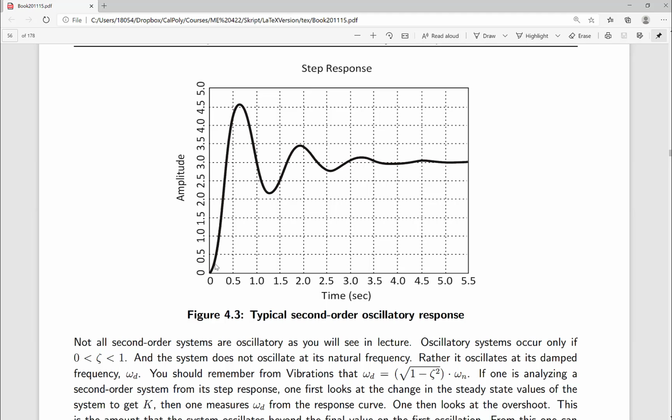Now, you have a system that's dynamic enough and doesn't have enough damping in it that when you put in the command to go from point A to point B, that's a step input by the way, the system responds very aggressively because there's very little damping in it. So you have a large amount of overshoot because of the low level of damping.